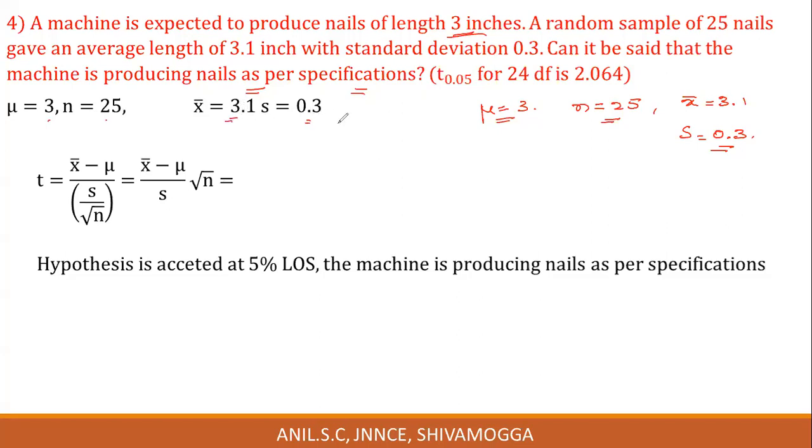Let's calculate t. T is given by x bar minus mu divided by s divided by root n. We have all the values.